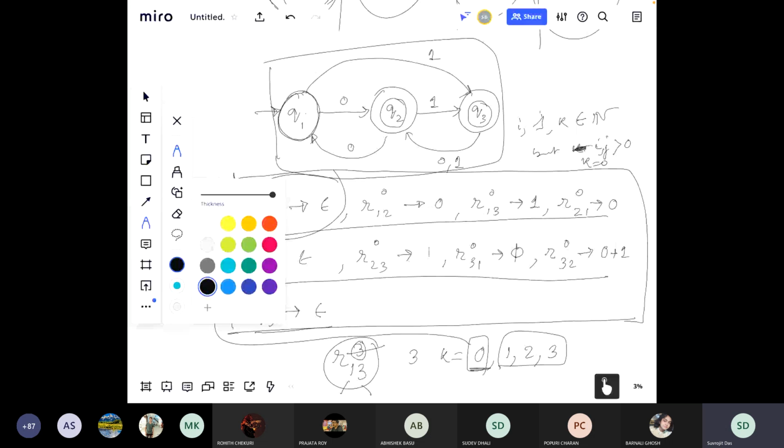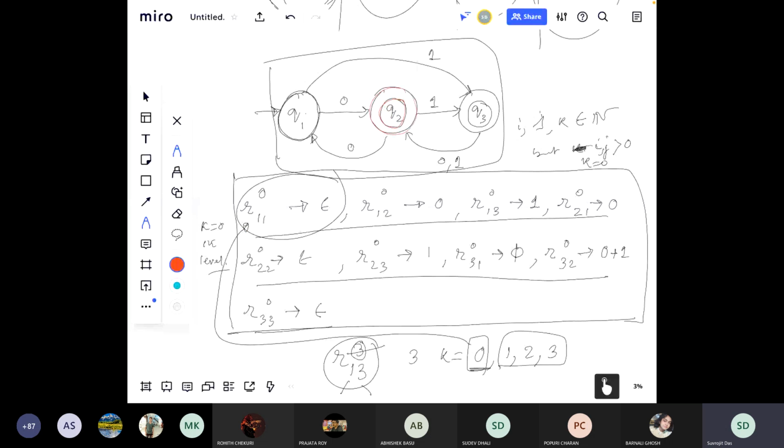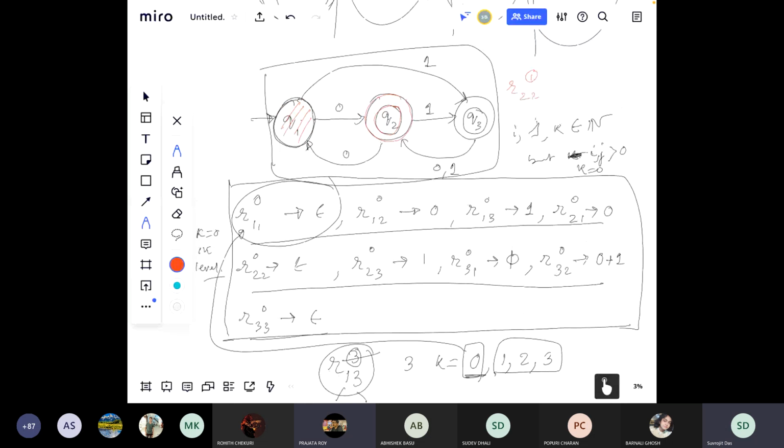So you start at 2, you start here and you come back here, but you are allowed to go through only this state. That is R221. You are not allowed to go through your own self. You are only allowed to go through state number 1. You start at 2 and you end at 1. Now, what comes out is epsilon plus 0, 0, right? We have to check whether it is okay or not. Done? Yes, sir.